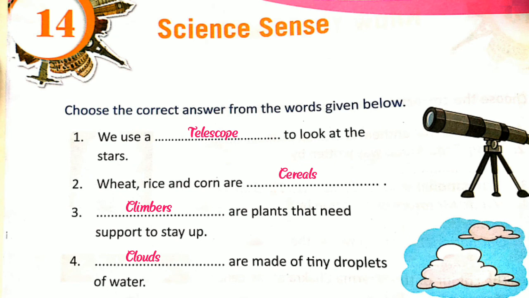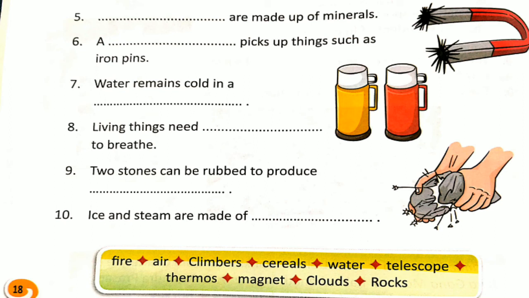Now we are doing number 5. Blanks are made up of minerals. So it's rocks. Rocks are made up of minerals and they are of different sizes, colors and shapes.